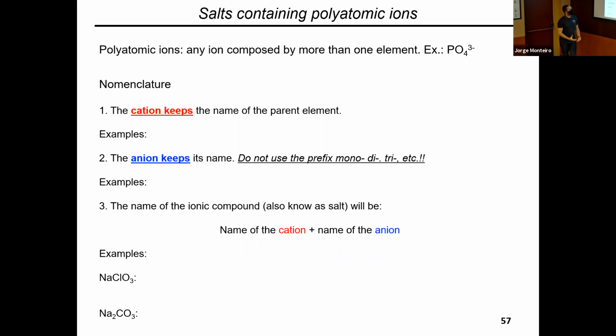When we have salts composed of polyatomic ions, we are going to follow the same nomenclature as we already saw for ionic compounds. The cation gives the name of the parent element, and the anion gives its name as well.